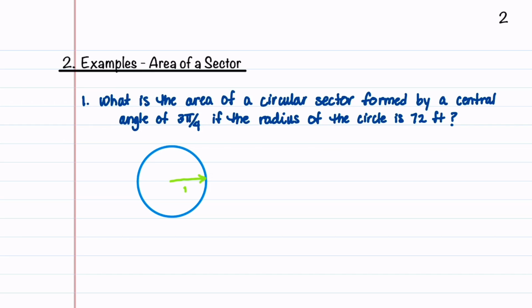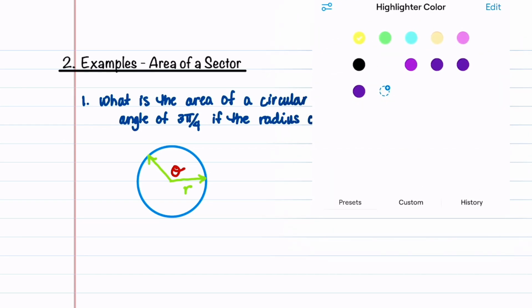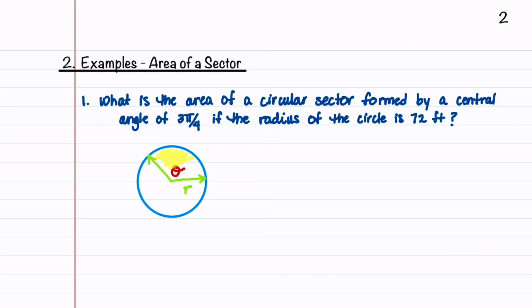So here's our radius, and our angle theta is 3 pi over 4. So we'll draw it like this, and we'll write down what theta is. And then we can also highlight our sector so we know what we're calculating. So our sector is highlighted in yellow.